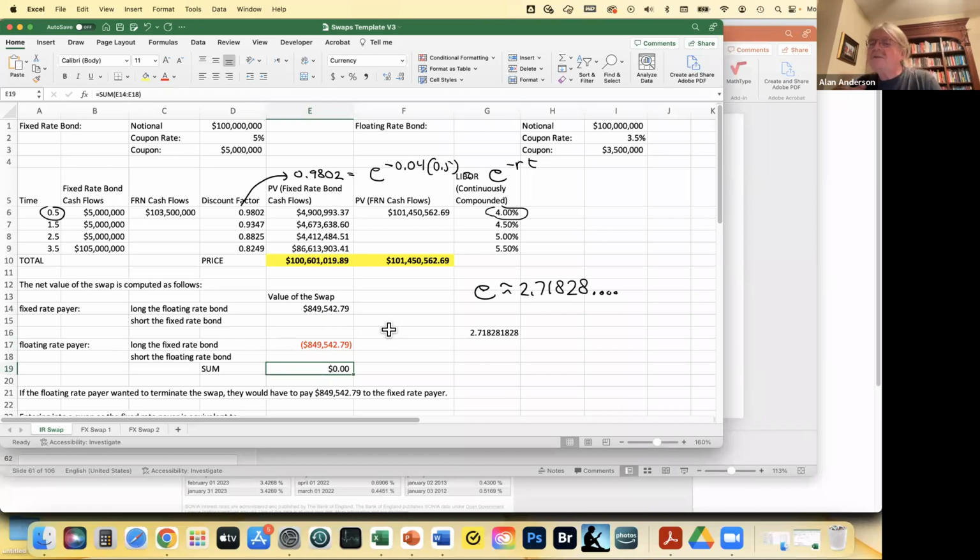The fixed rate payer would say, sure, but you owe me $849,542.79. Okay. So the two sides always add up to 0. And in this example, the difference between the two bond values is what determines the value of the swap, because the cash flows are equivalent to having one side owning a floating rate bond and the other owning a fixed rate bond.